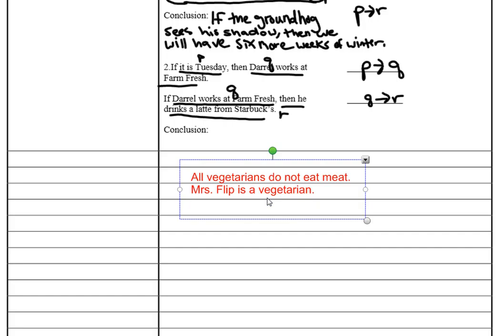What can you conclude about Miss Flip and why? So your conclusion should be that Miss Flip does not eat meat. And the reason why would be the law of detachment.